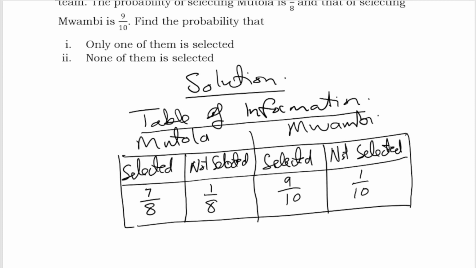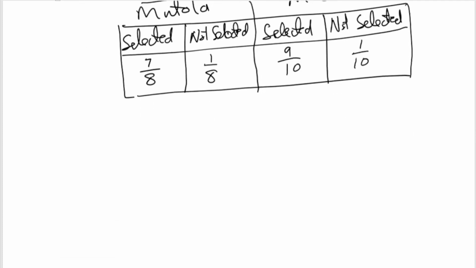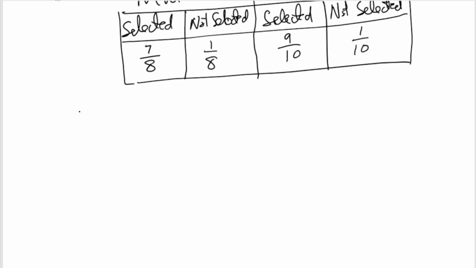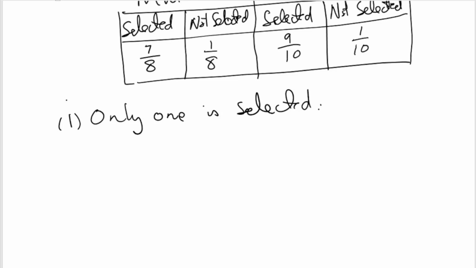So when only one of them is selected, take note that we are not told who is selected. We are only told that only one is selected. This means that both Mutola and Mwambi have a chance of being selected.